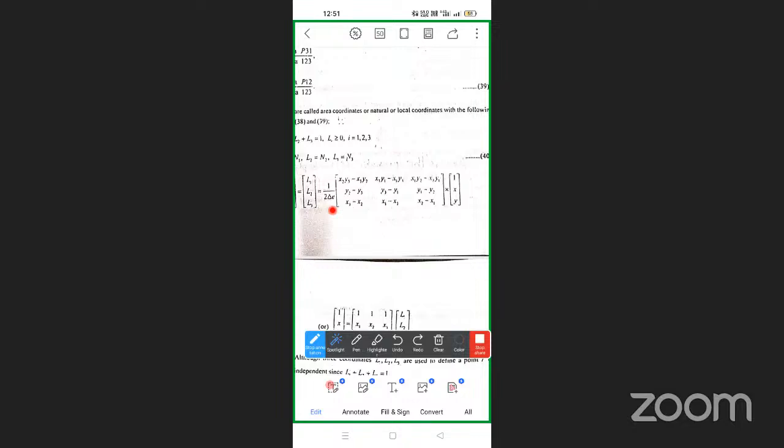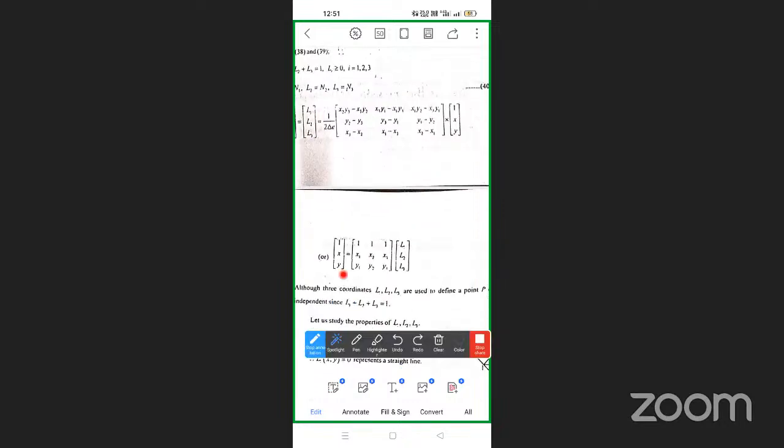1 by 2 delta times adjoint of A, inverse, times 1 x y. So finally, 1 x y is equal to the matrix with rows 1 1 1, x1 x2 x3, y1 y2 y3, times L1 L2 L3.